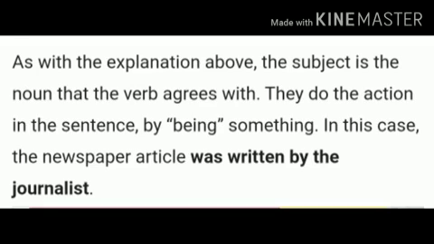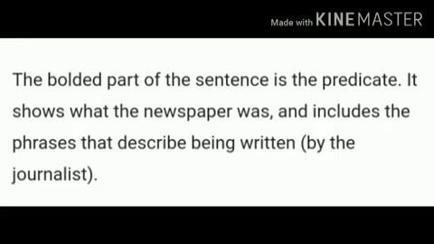As with the explanation given here, the subject is the noun that the verb agrees with. It does the action in the sentence by being something. In this case, the newspaper article was written by the journalist. Here you can see the bold part is the predicate.